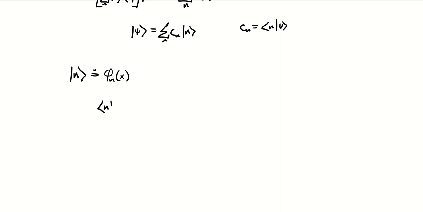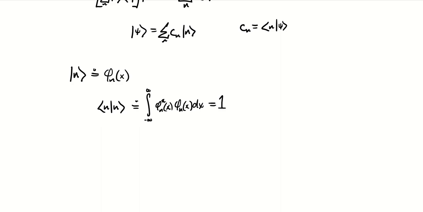The normality relationship essentially means if I integrate over all space, my eigenfunctions, or essentially my probability density, this is equal to 1, right? The particle is somewhere in space.